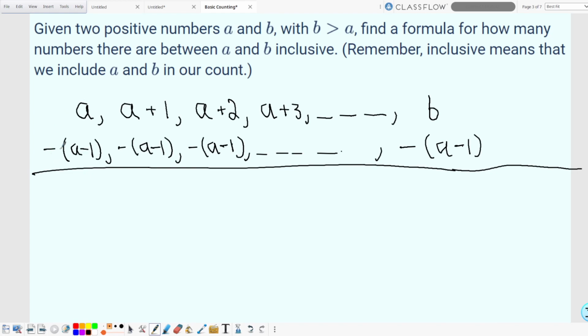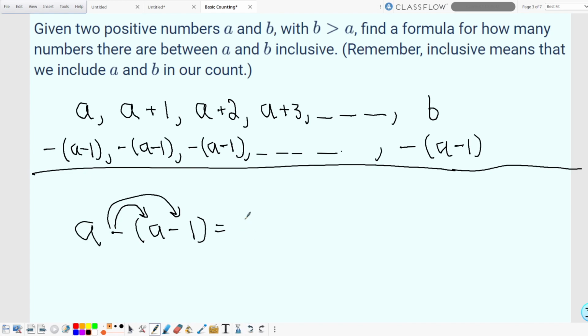So A minus 1, right? I'm going to take this part right here and just perform that: A minus (A minus 1). If you remember from algebra class, when you have a negative on the outside of the parentheses, you distribute it to the numbers on the inside. So the A in the front stays the same.